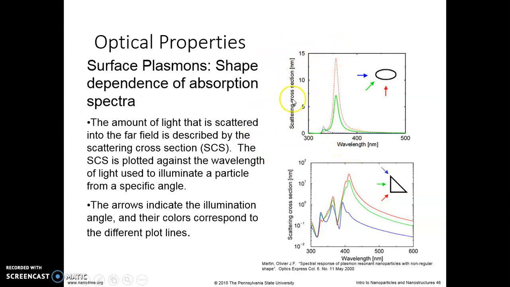For the oval shape, it will increase up to a particular level. Light is used to illuminate a particle from a specific angle only. The arrows indicate the illumination angle and their color corresponds to the different plot lines.